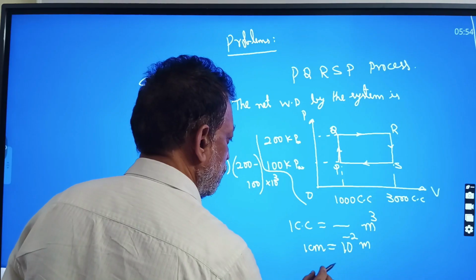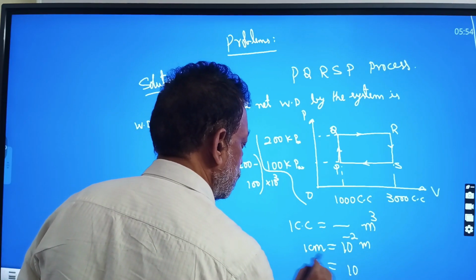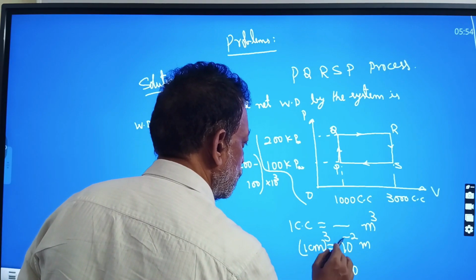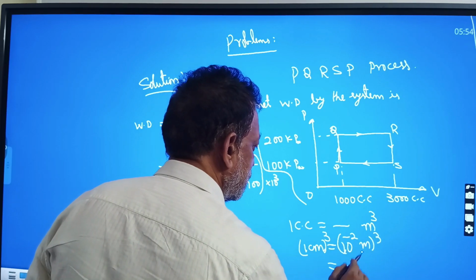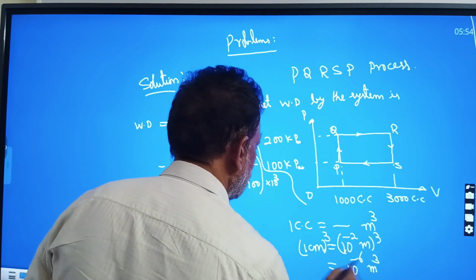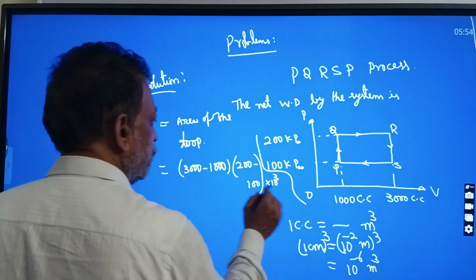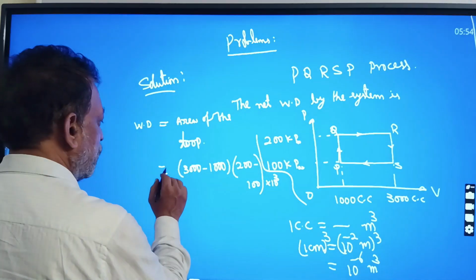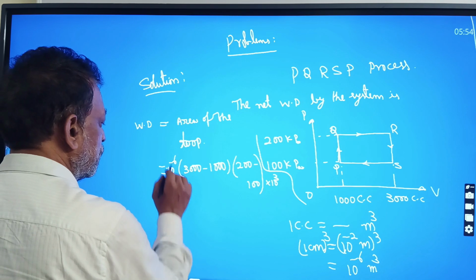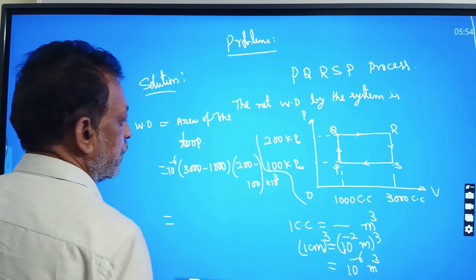Therefore you get 10 to the power of minus 6 meter cube. So you have to multiply here or there by 10 to the power of 6.